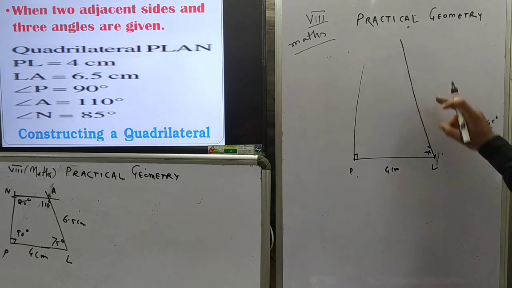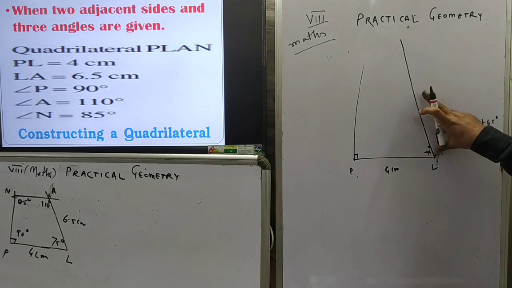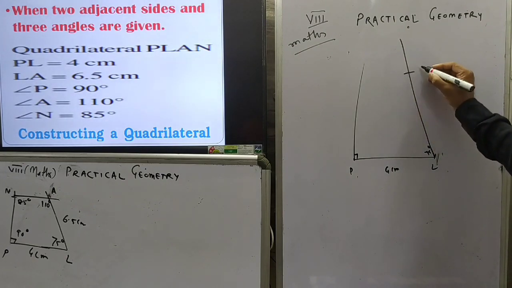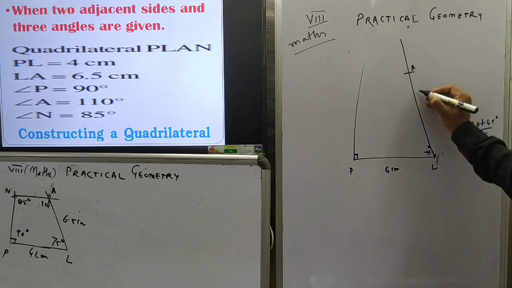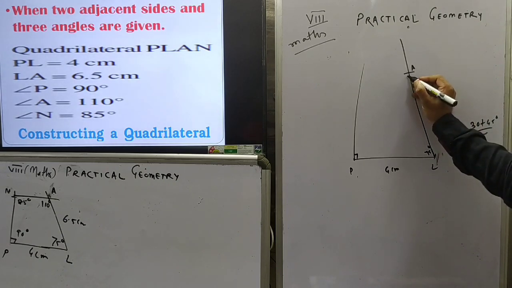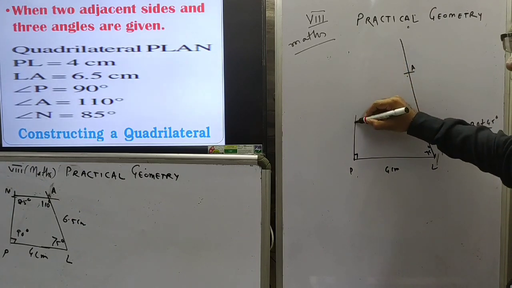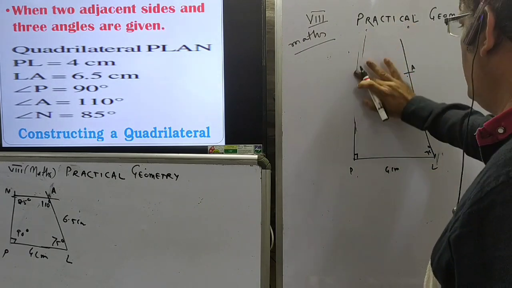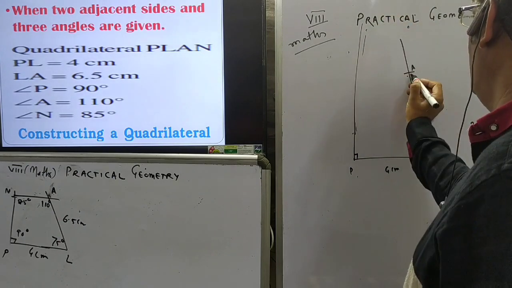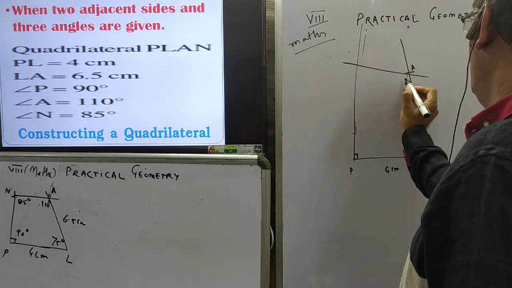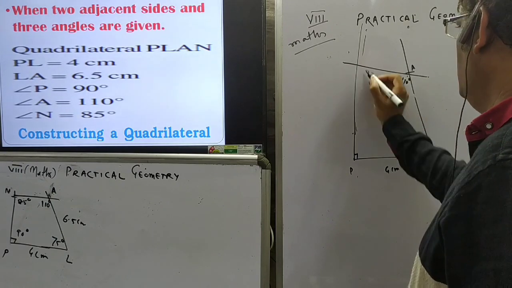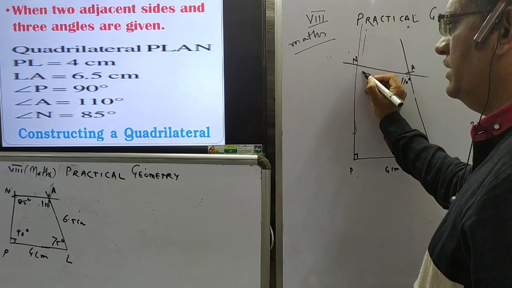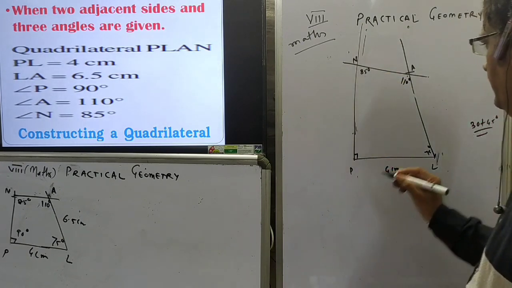For 110 degree at A, first of all we have to locate point A. Take 6.5 centimeter in the rounder and draw an arc intersecting this at A. At A this angle is 110 degree, so we cannot use the compass. We have to use the protractor for making this angle, and you can get this 110 degree. Ultimately, if your construction is correct, this angle is definitely 85 degree.